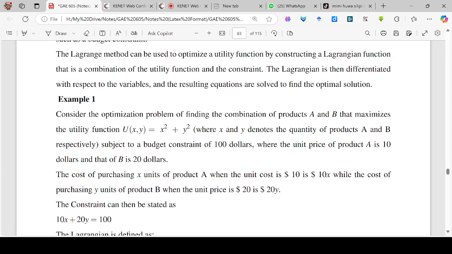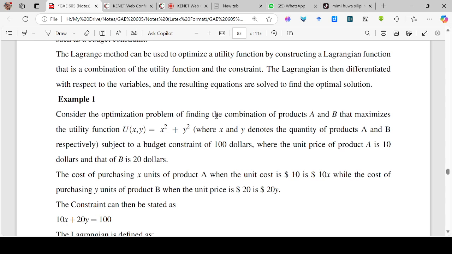So let's take an example. Suppose we consider the optimization problem of finding the combination of products A and B that would maximize the utility function given by u(x,y) = x squared plus y squared. In this expression, x denotes the quantity of product A and y denotes the quantity of product B, respectively.